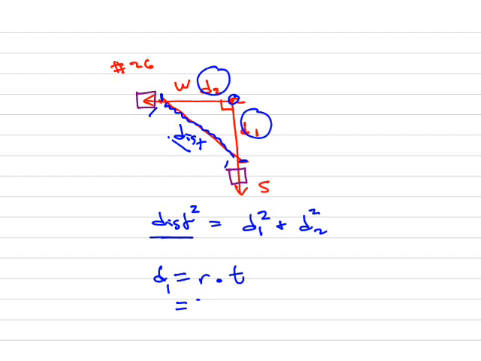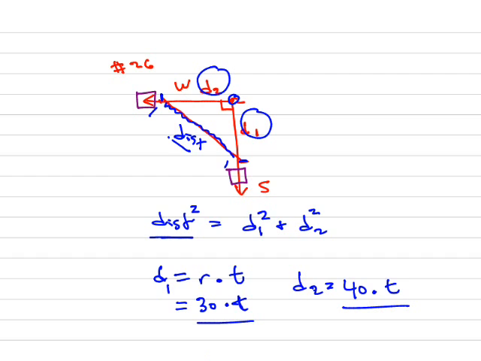So R is 30 miles per hour, times t. So d1 in our equation is 30t. d2 is equal to the rate of that car, which is 40 miles per hour, times t. So that one's distance at any time t is going to be 40 times t, whatever the time is.